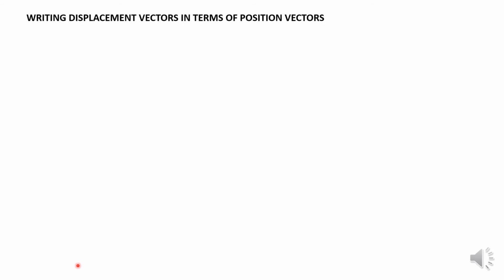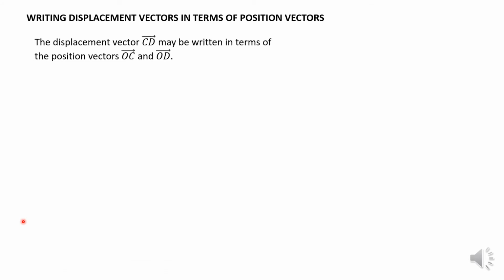Something that I want to bring up is displacement vectors that we can write in terms of position vectors. In my previous videos I did explain what position vectors are. These are vectors that simply start from the origin, from O, like OC is a position vector. OD is a position vector. But DO is not a position vector.